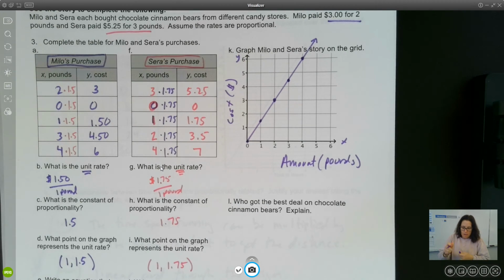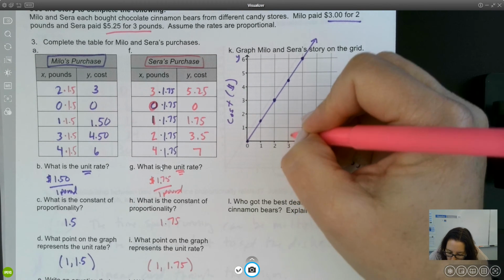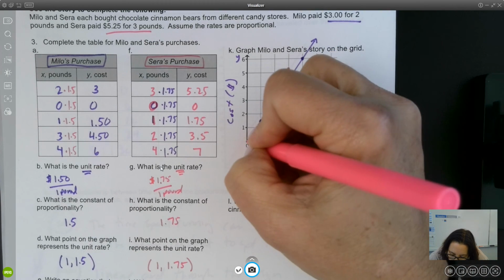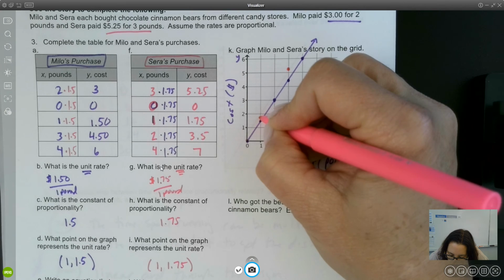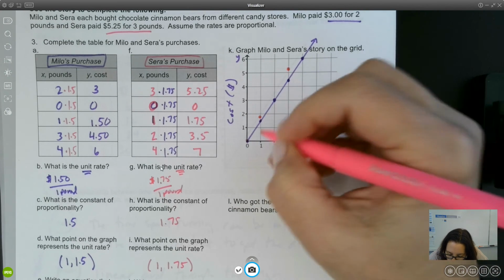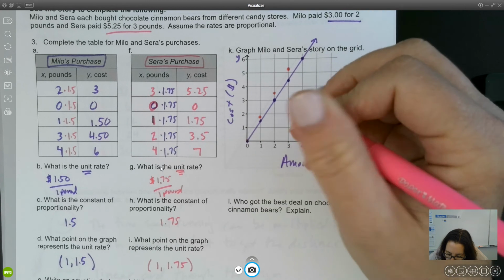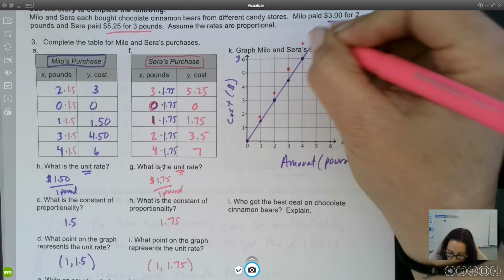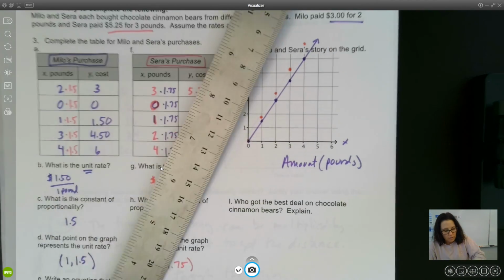Let's get Sarah's information on there. So we've got 3 and $5.25 would be about there. 0, 0's there. 1, $1.75 is here. 2 and $3.50 is here, and 4 and $7 is going to be up here. Okay, so let me get Sarah's graph.